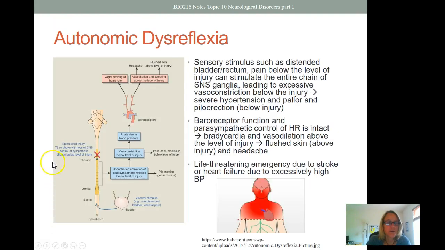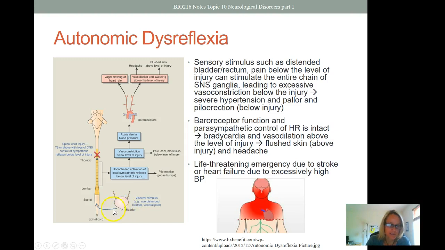Okay, this can occur in patients with a spinal cord injury at T6 or above, because they lose central nervous system control of sympathetic reflexes below the level of injury. So we have some visceral stimulus, such as an over-distended bladder, an over-distended rectum, a bed sore, you name it.